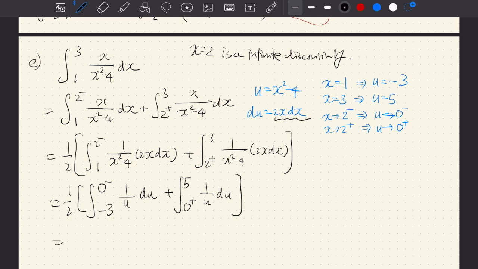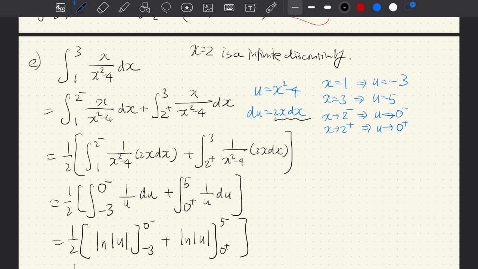Now we can see that here we can find the antiderivative of 1 over u, which is the logarithm of the absolute value of u, right? So we have log |u| from -3 to 0, plus log |u| from 0 to 5.